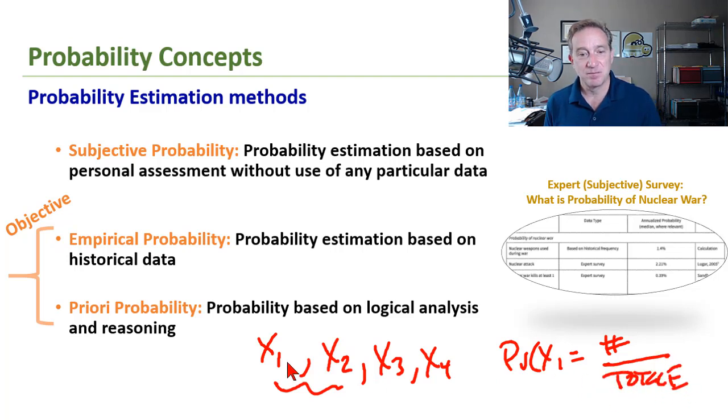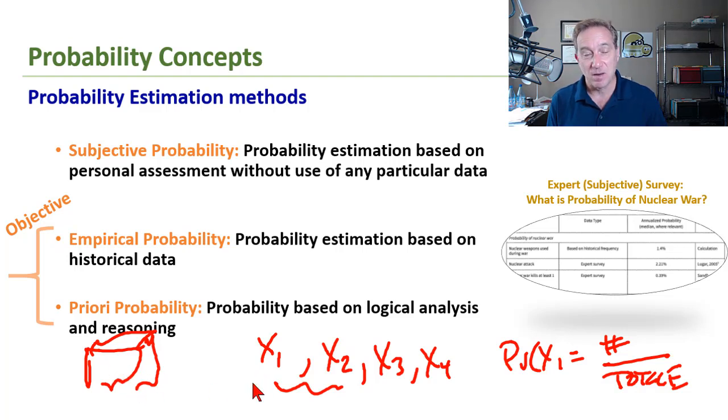So maybe we would logically expect x sub 1 to happen once out of a total of 100 times. An example of that would be that six-sided die that we looked at before. We don't need to roll the six-sided die or perform a simulation to logically infer that it has 6 sides, and the probability of rolling a 1 will be 1 in 6.